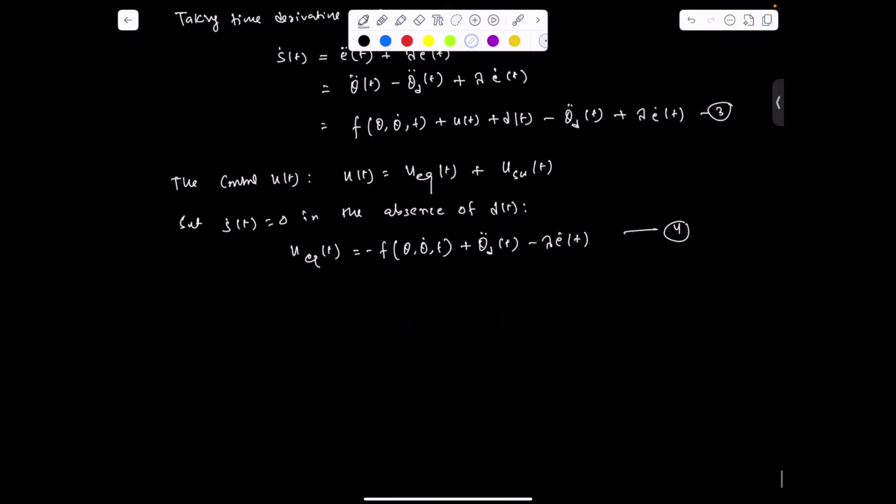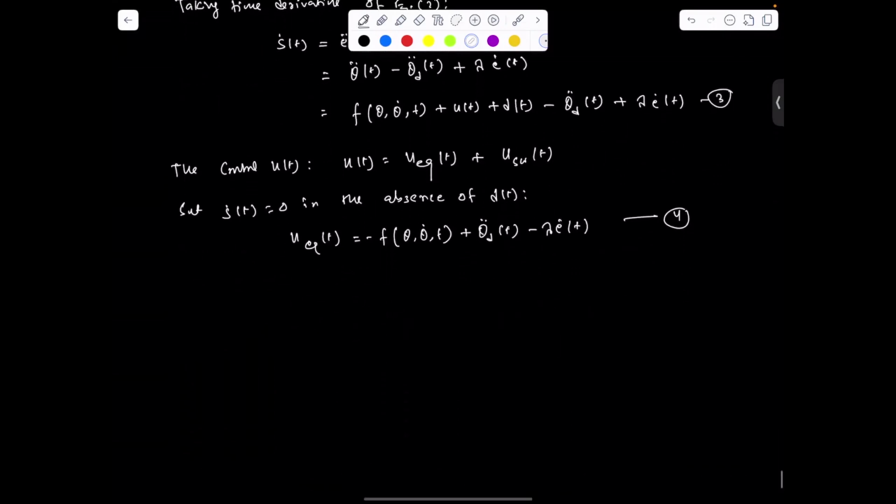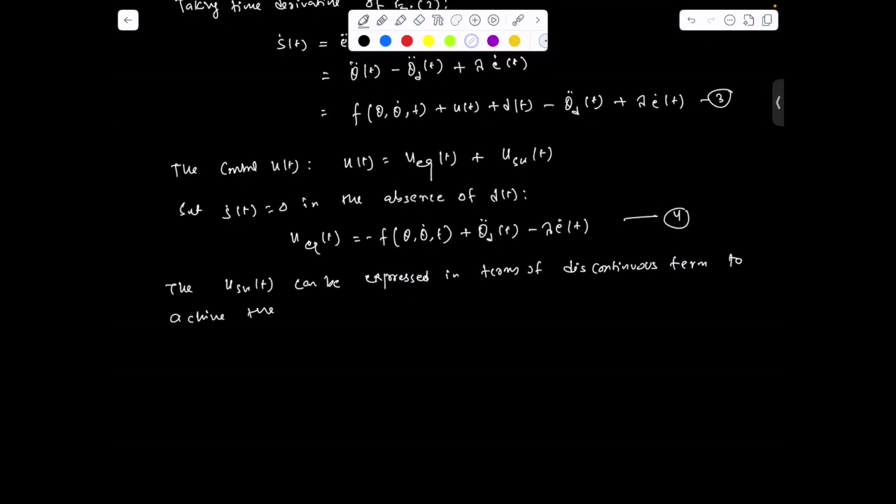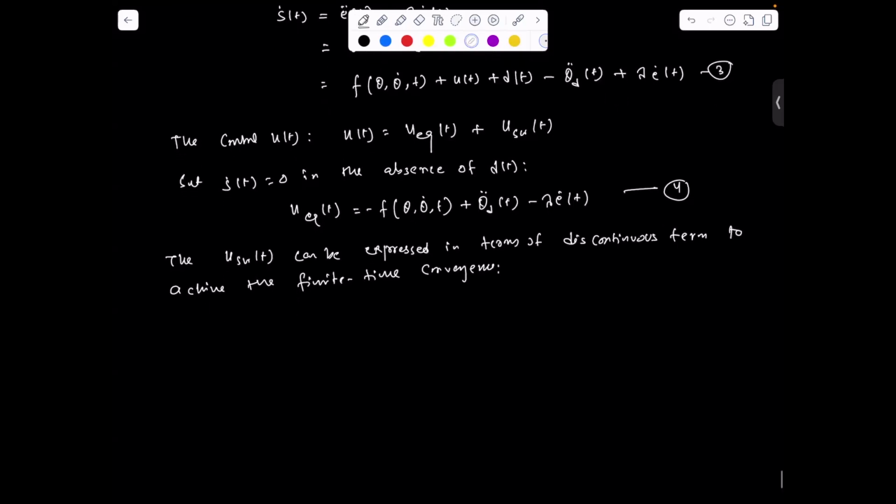And also the discontinuous term: U SW of T can be expressed in terms of a discontinuous term to achieve the finite time convergence. Why you're adding this term, that is also we have defined in the earlier lecture.